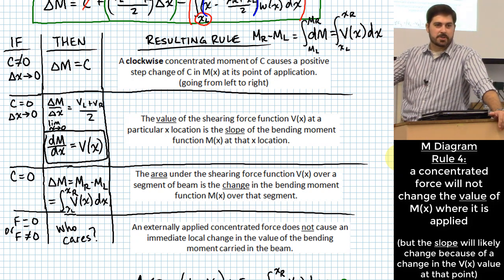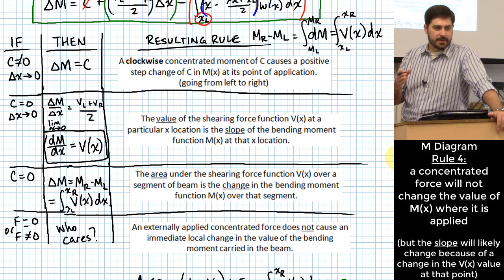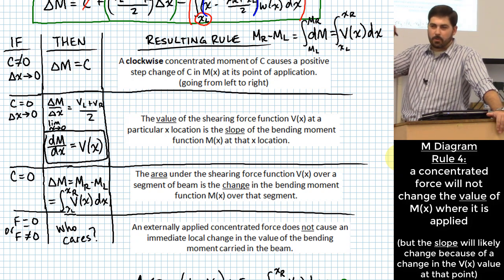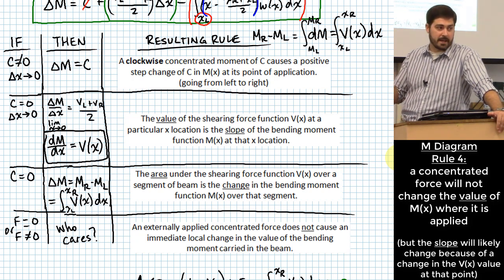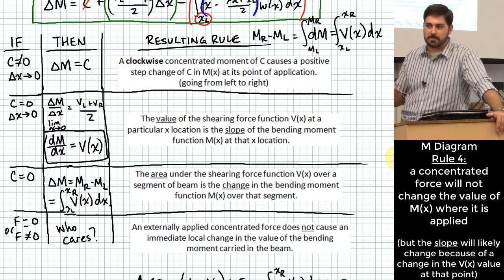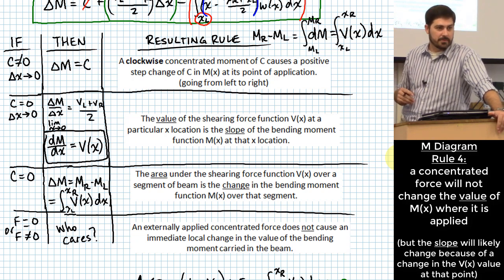And the V of x function in turn has an effect on the bending moment function. But we won't see anything in particular on the M of x curve in order to notice that there was a force being applied. About the best we can come up with is it probably will cause an immediate change in slope of the M function. That's something that we can maybe expect. But we're not going to expect there to be an immediate change in the value of the M of x function.